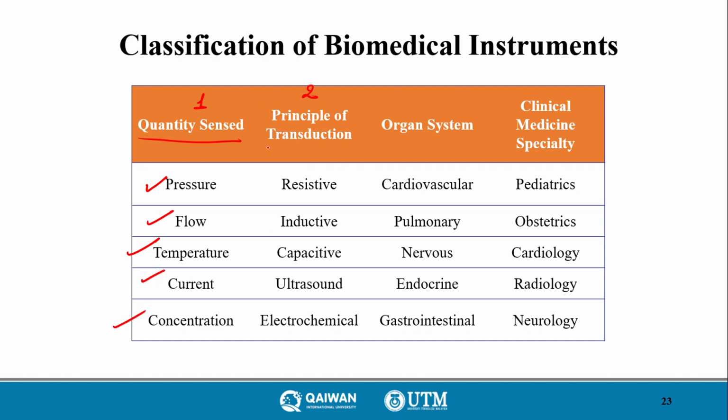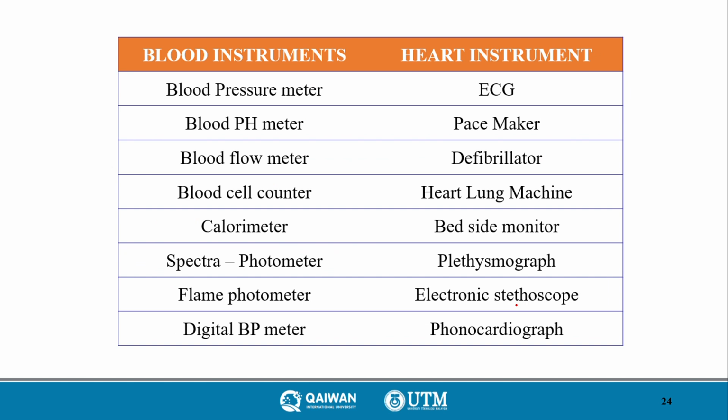Second, principle of transduction: resistive, inductive, capacitive, ultrasonic, or electrochemical. Third, the organ system: cardiovascular, pulmonary, nervous, endocrine, gastrointestinal. Or the fourth classification, with its wider classification, according to the clinical medicine specialty: pediatric, obstetrics, cardiology, radiology, neurology.